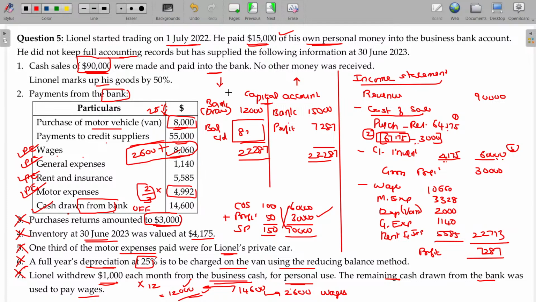This value, 4,992 into 1/3, is 1,664, also drawings. Now if you tally, you will get the closing balance of 8,623 carried on. Clear? With that, this illustration is also completed.